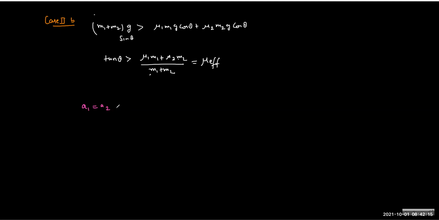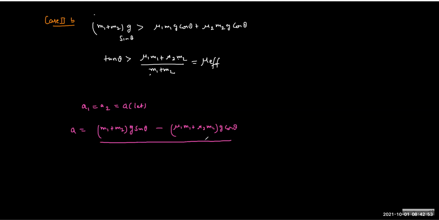So now the question is, what will be the acceleration? You can solve for the system, and it comes out to a very nice answer. If you solve for the system as a whole, you can say net gravitational force minus net frictional force by net mass.